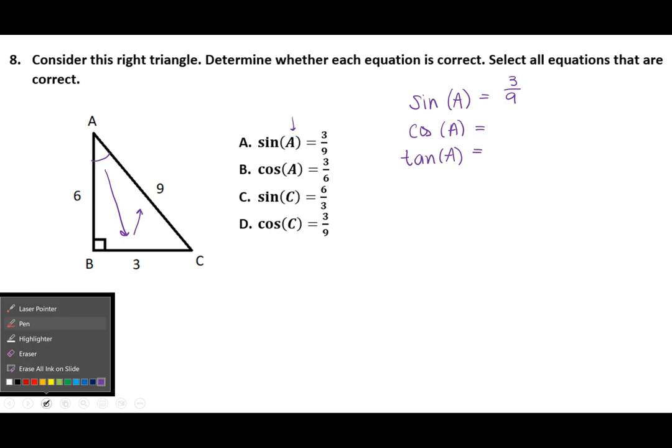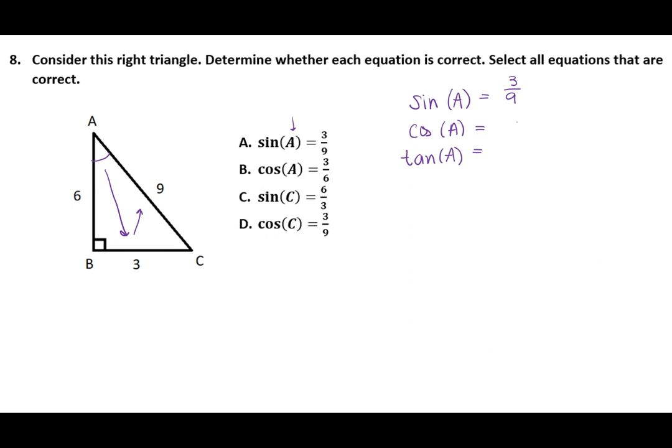Before we do this, it is O, A, and H: opposite, adjacent, hypotenuse. Cosine of A is A over H, which is 6/9. Tangent of A, O over A, which is 3/6.